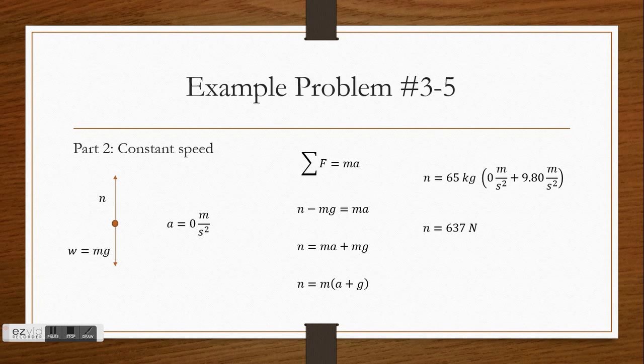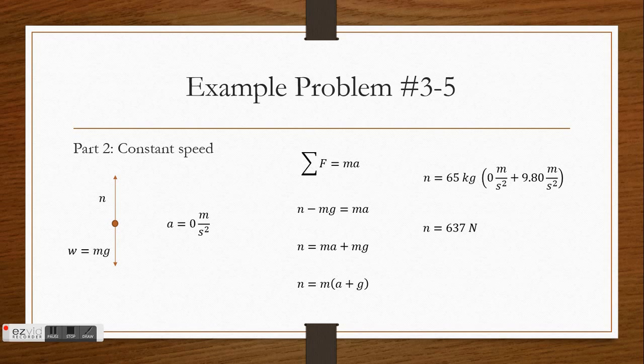Now, it is also worth pointing out in this particular situation that if I am riding in an elevator between floors, and I did not know what happened in part 1, but I know part 2, I'm moving between floors, there's no way in this situation for me to determine whether or not I'm moving up or down.